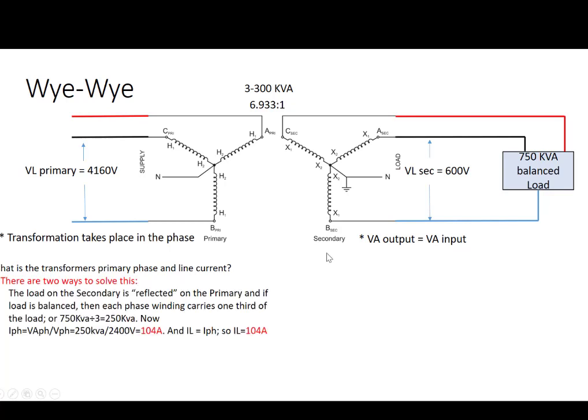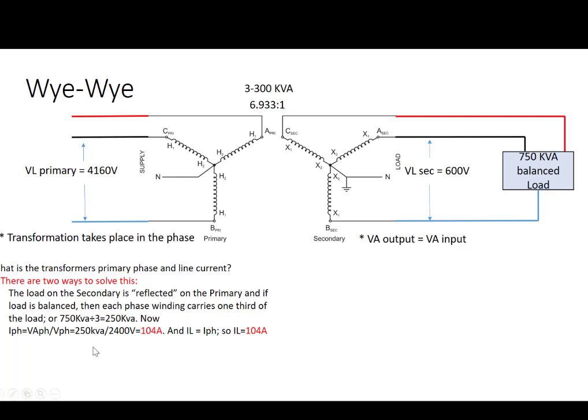The first way is to understand that whatever load we have connected on the secondary is reflected back on the primary. And if we have 750 kVA on the secondary, it's the same as having 750 kVA on the primary. And if that's the case, then each phase winding would carry 1/3 of that load, or 250 kVA.